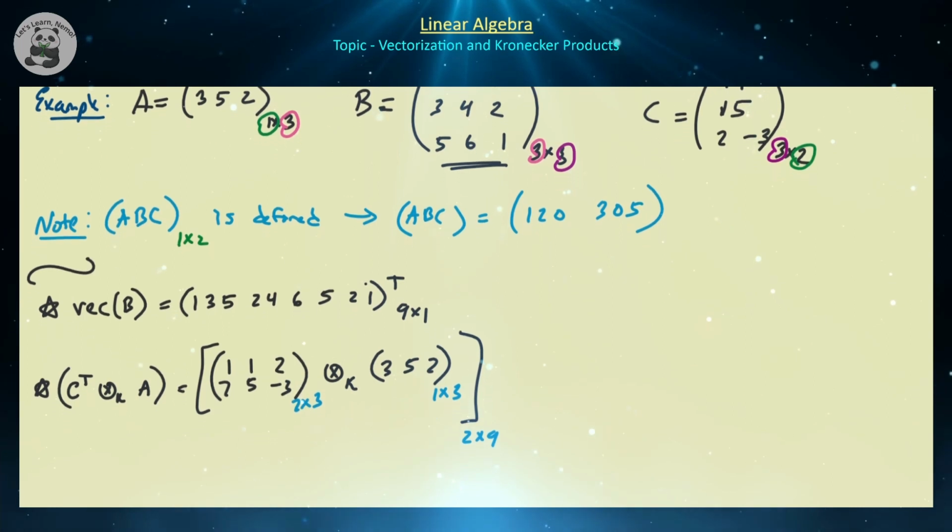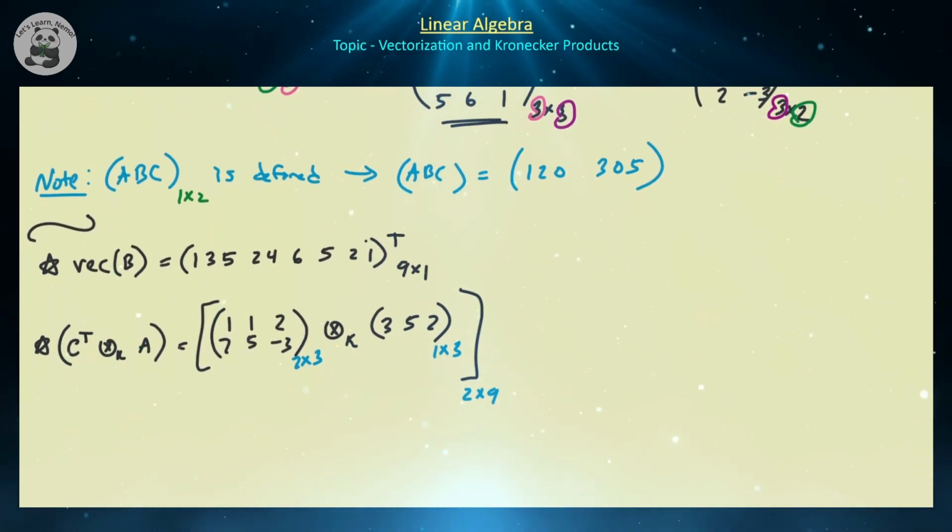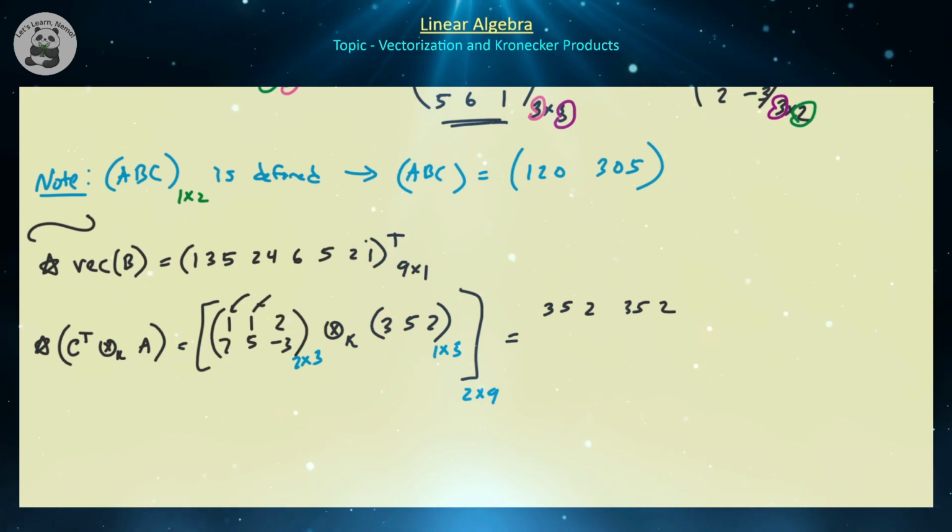And I invite you to do that calculation on your own. But I can list it out for you once you actually work it out. So we're going to distribute 3, 5, 2 to each of those 6 elements. So we're going to have 3, 5, 2, 3, 5, 2, because we have 1 and 1 there. And then we're going to multiply that by 2, so 3, 5, 2 is going to be equal to 6, 10, and 4.